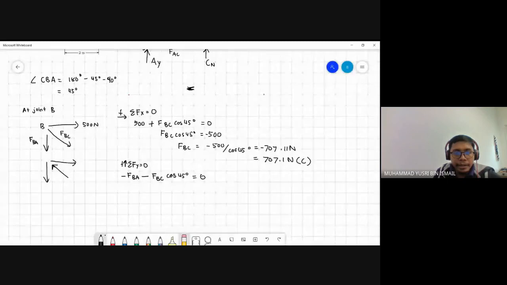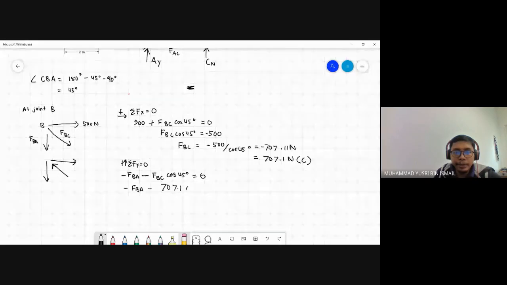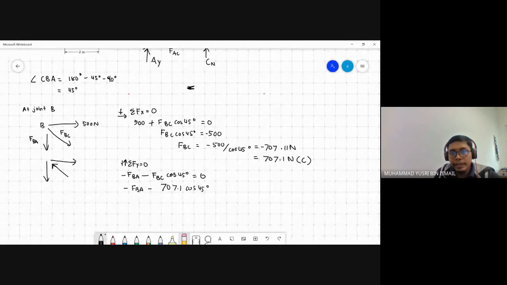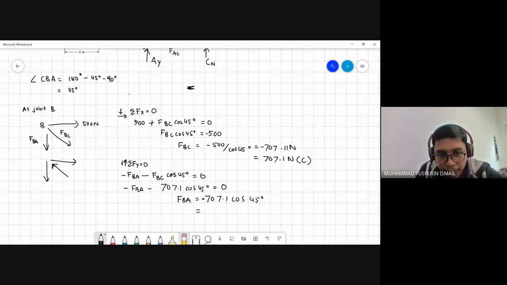Negative FBA minus 707.1 cos 45 degrees equal to 0. So FBA is equal to 707.1 cos 45 degrees.